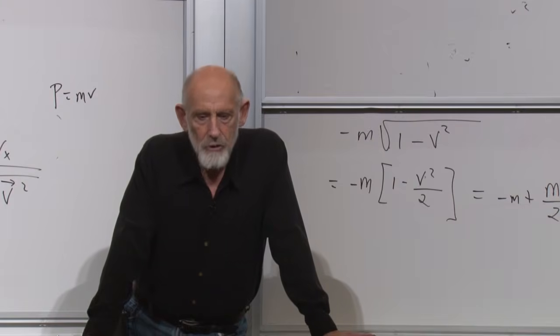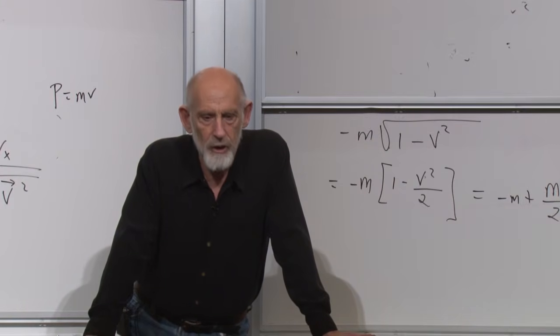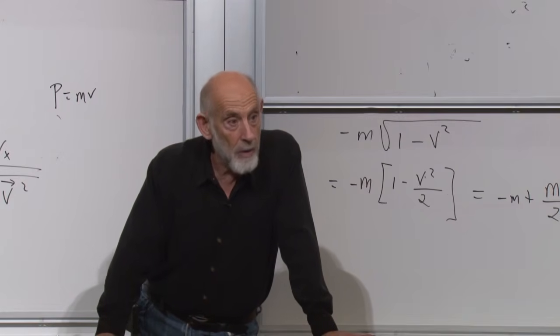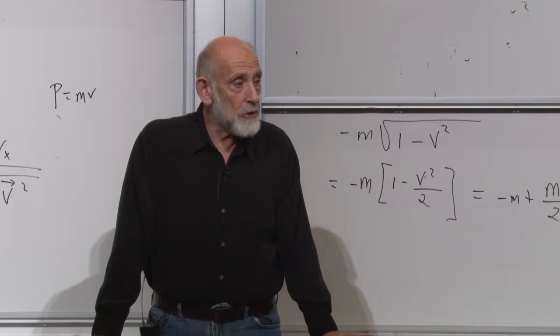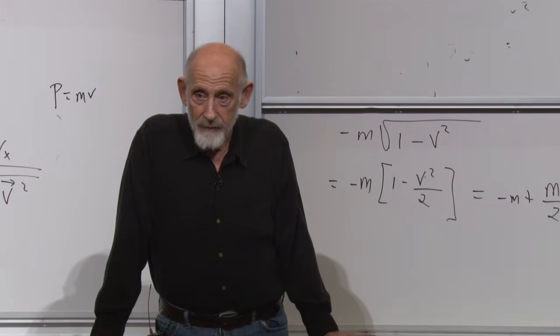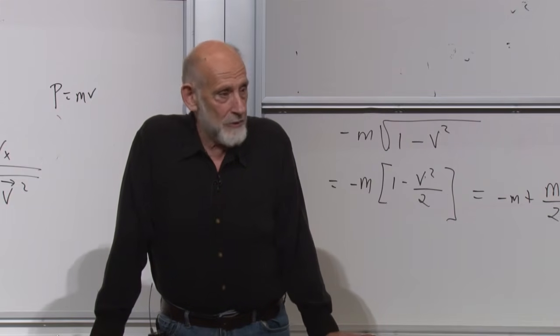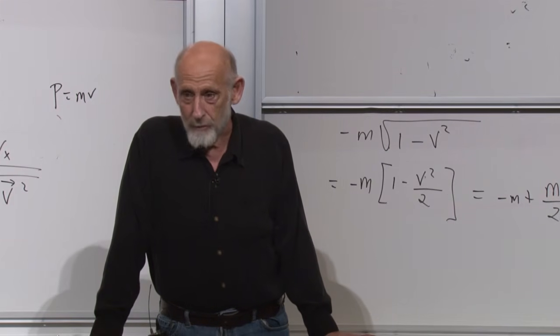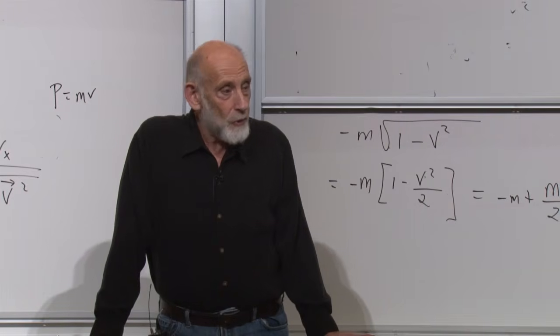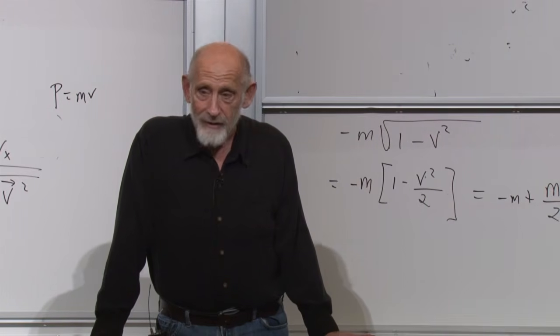So the way that mass is used in modern language is it's a number that goes with the particle, but it is exactly what used to be called the rest mass. What used to be called the rest mass is now just called mass. What used to be called mass is what?